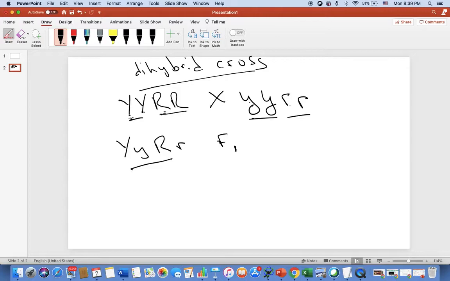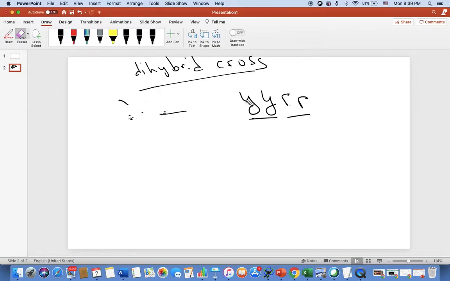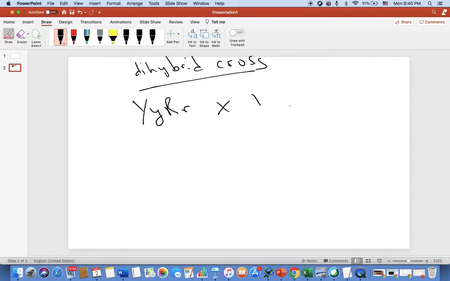Using this same cross, if I was to allow this to self-fertilize, that means it's being crossed with itself.